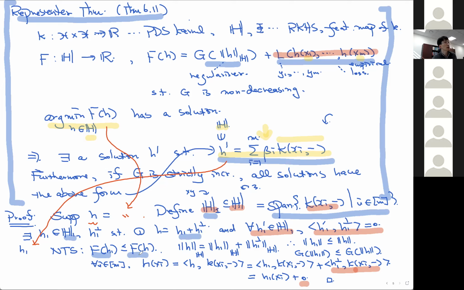This representation tells us that instead of searching over the big space H, we can search over a much smaller space and get a solution.